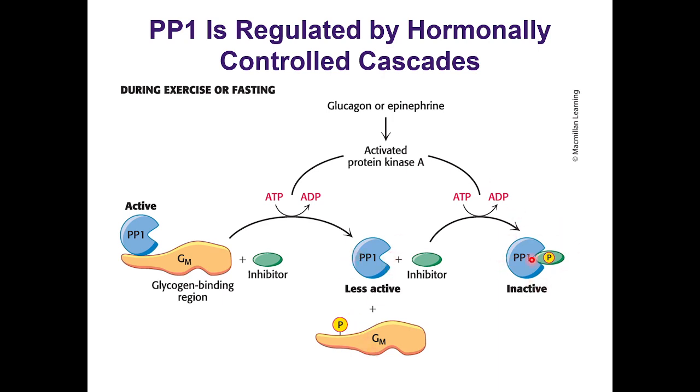Now, this right here is the additional phosphorylation that you can see here, where we can phosphorylate the PP1, and we can actually take it from a less active form to an even more inactive form. And this one's kind of interesting because this is actually going to have the inhibitor, where you're going to be phosphorylating, and this is actually going to stop the active site.